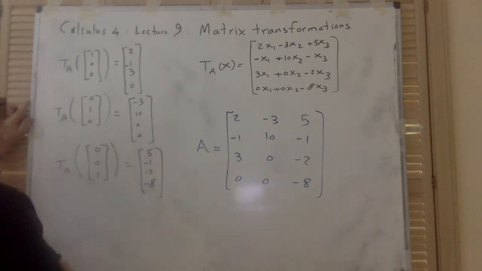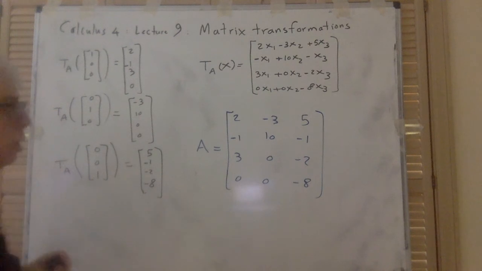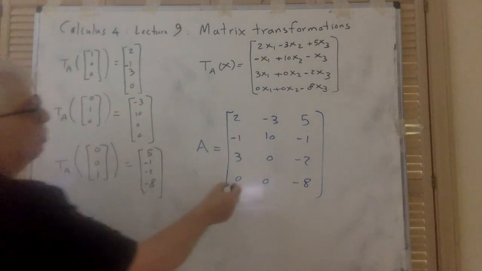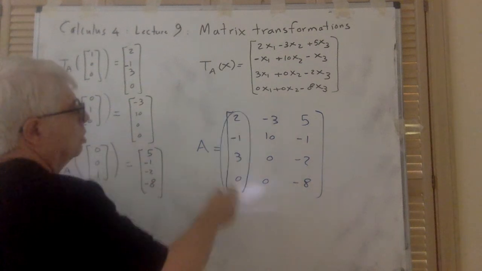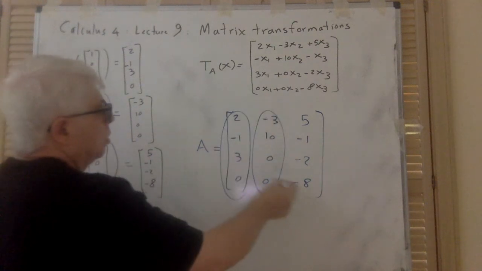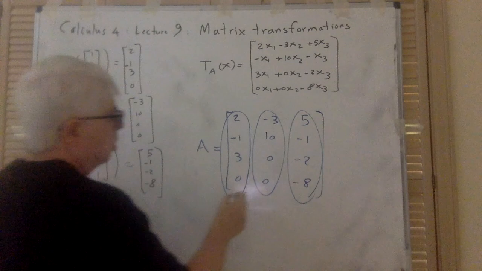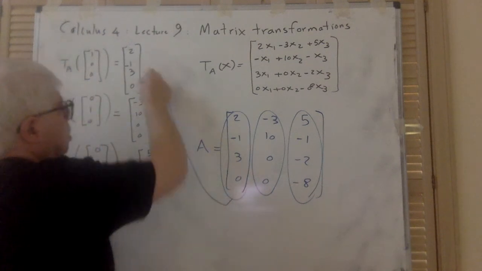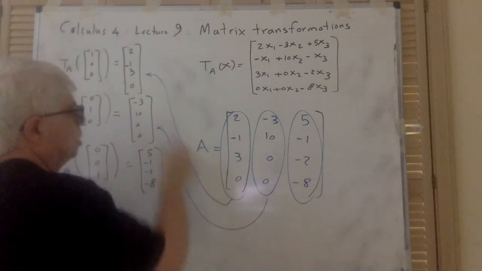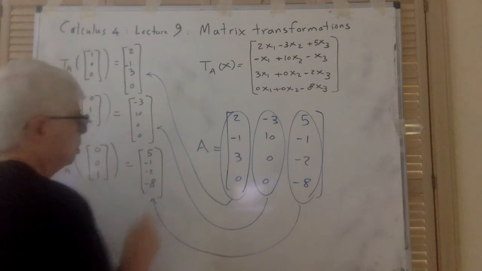Okay? And these are, in fact, the columns of matrix A. And you can see these are, in fact, columns here. This one is this, and this one is this.